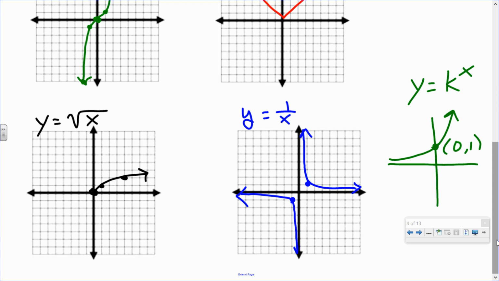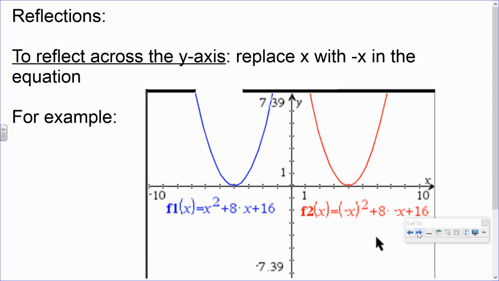And then at the bottom of this page, we're going to write down what happens in equations when we do have those kinds of transformations. We went over this a little bit several lessons ago. We're going to go over it again now just to make sure that we've got that in the notes. If we have one parabola and we want to reflect that across the y-axis.